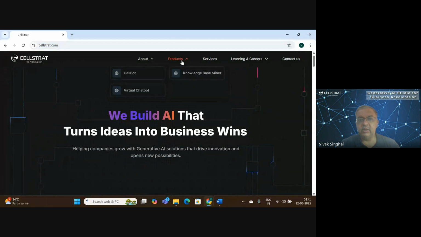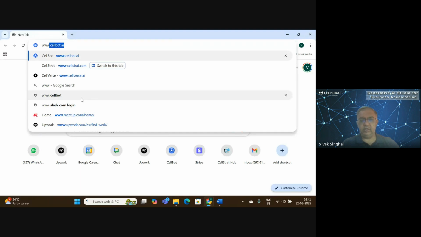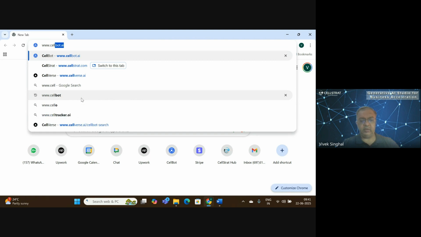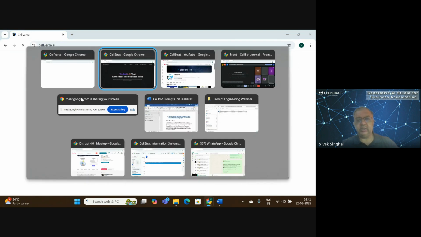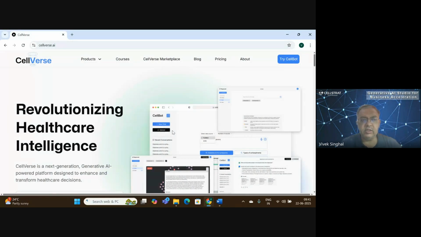Let me show you our healthcare portal. In terms of services, we can handle all kinds of AI solutions, but for domain-centric product innovation, we have chosen healthcare as our battleground. This is our upcoming healthcare platform. It's called CellVerse.